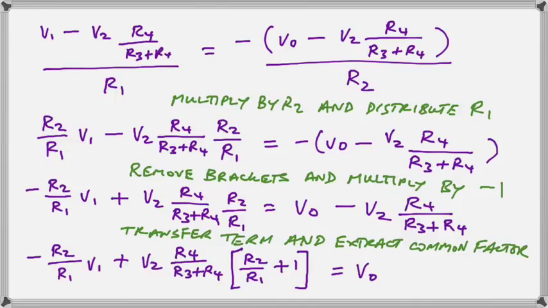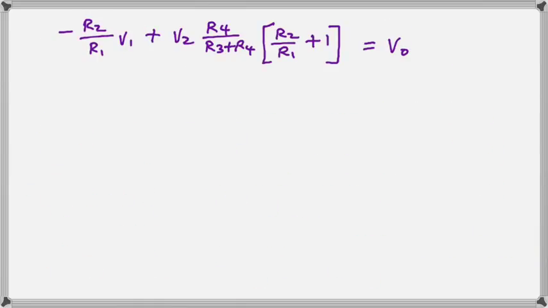Notice we have isolated VO on the right. We've transferred that term to the other side, and we have extracted it out so that we have that. Now we reproduce that here, and we're already seeing that it's very similar to what we derived with the superposition.